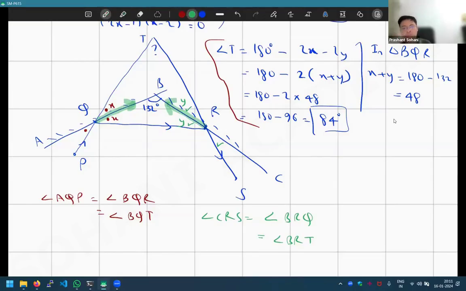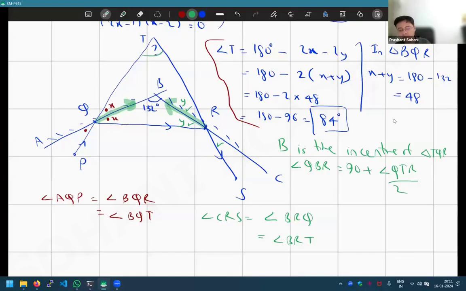So you see, you should be alert for these possibilities. Everybody has studied incenter in school, but suddenly, unexpectedly, the incenter is going to help us here, of triangle TQR. And if somebody knows the incenter, you can also know the formula of the angle formed, QBR, is 90 plus the other angle by 2.